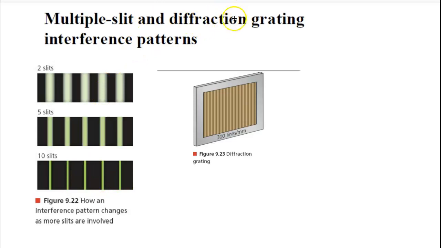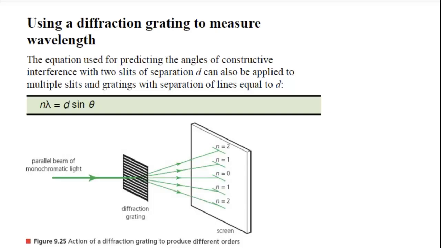Now, what's a diffraction grating? A diffraction grating just happens to be a filter which has loads of slits, to the point where you might have maybe 300 lines per millimeter, right? Now, the relationship that you would need to use is the same as before, because the proof is the same.